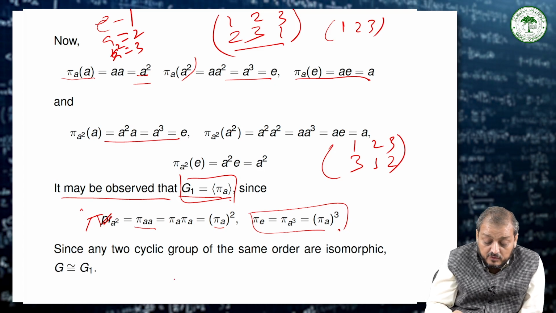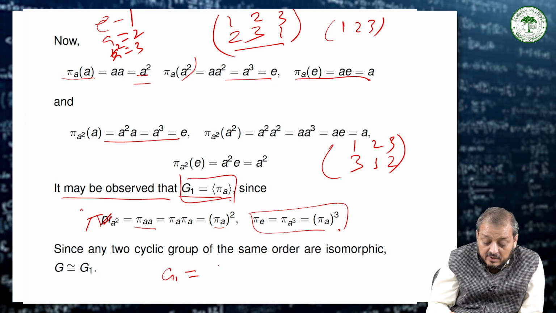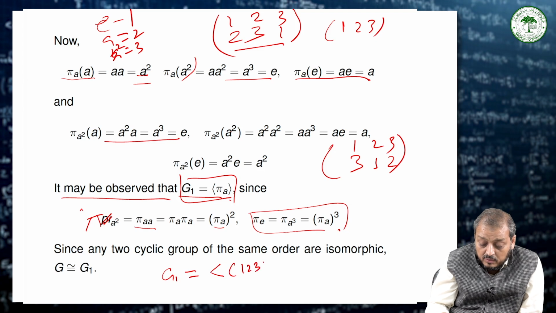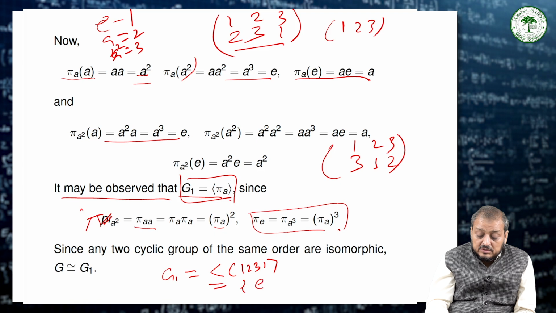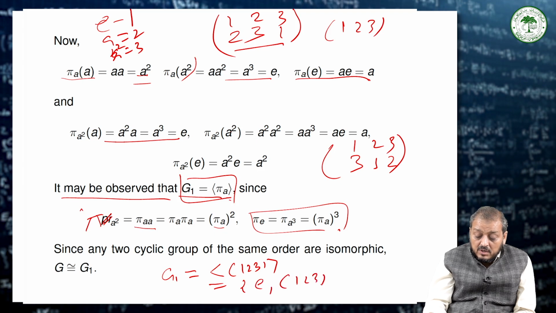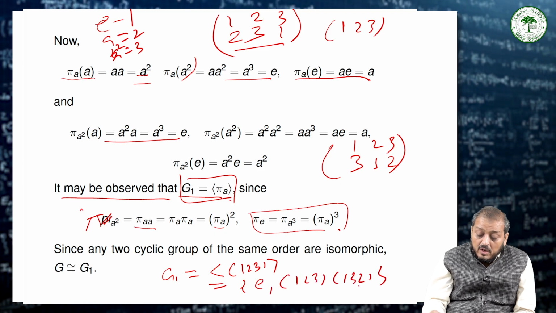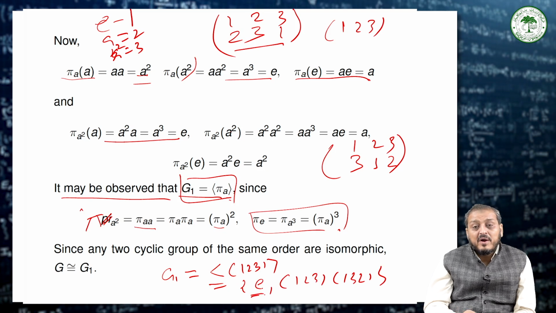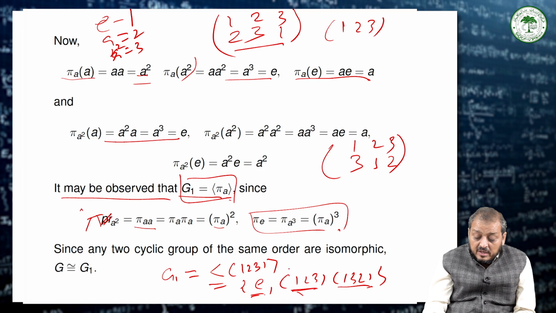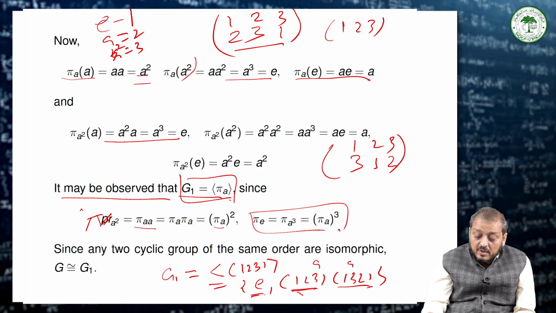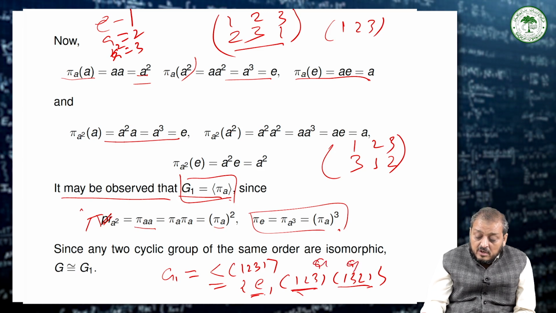So we say that G1 is equal to the cyclic group generated by 1 2 3, and the elements of this are the generator e, 1 2 3 and 1 3 2, that is, g and g square.